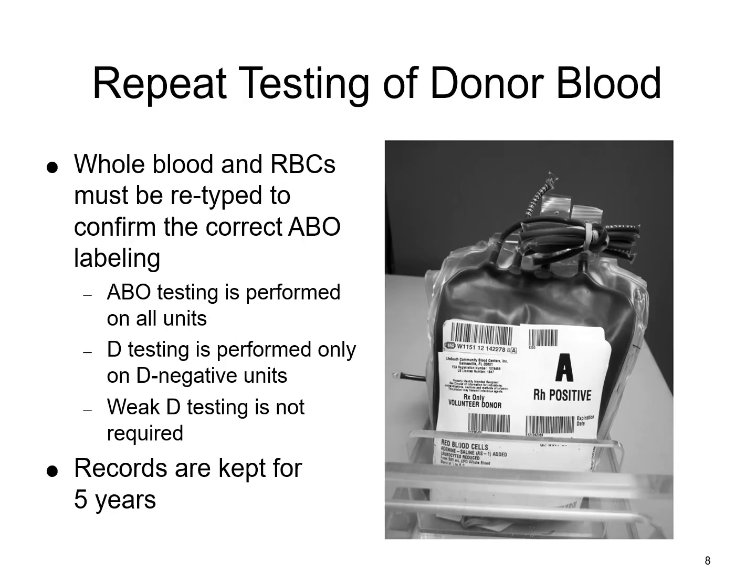Okay, so repeat testing of that blood unit. This is where I mentioned that once that unit gets to the facility, you have to actually do a retype of that unit just to make sure that it's properly labeled. So what you'll do is just do an ABO.